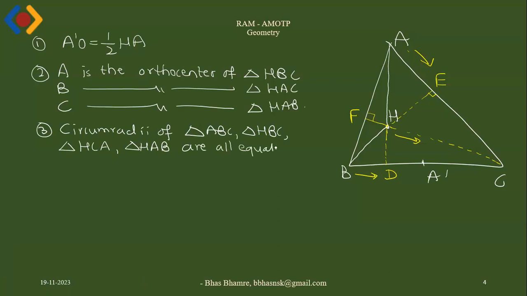Or we can say that the circumcircles of triangle ABC, triangle HAB, triangle HBC, triangle HAC are all equal, congruent.